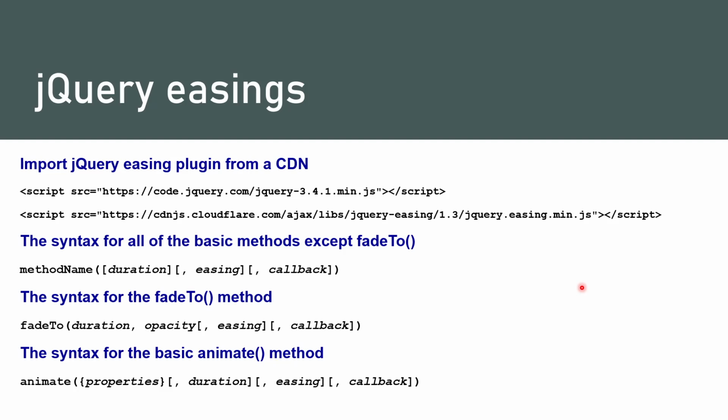And base jQuery just has two easings, the linear easing and the swing easing. The linear is just a continuous, one velocity the whole time animation, while the swing easing is kind of hard to describe.